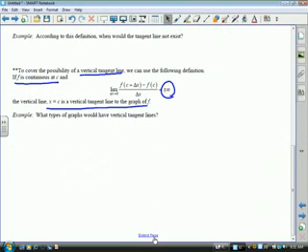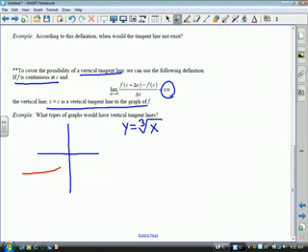And then they ask the question, what type of graphs have vertical tangent lines? Alright, well, you should know of a couple. One of them, this is the most famous one, is cube root of x. Cube root of x right here.